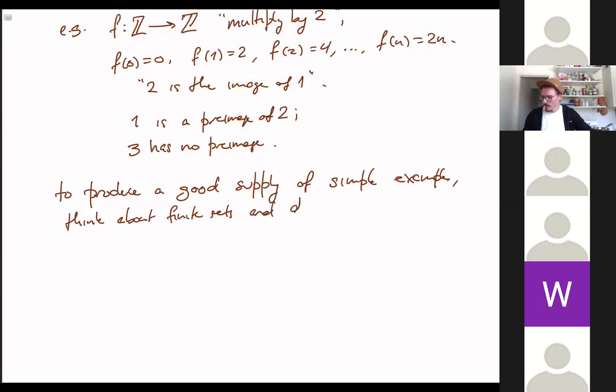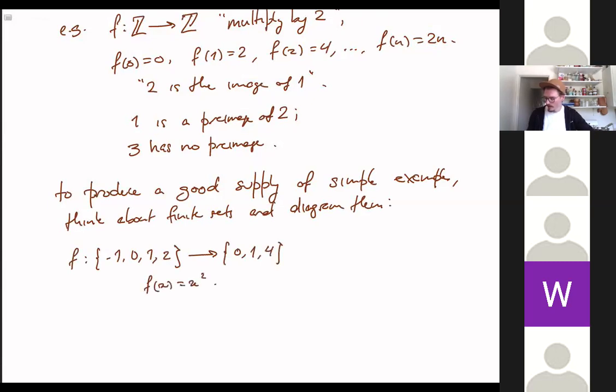And we can draw diagrams like this. So let's say we have f from the set {-1, 0, 1, 2} mapping to the set {0, 1, 4}, defined by the rule f of x equals x squared.